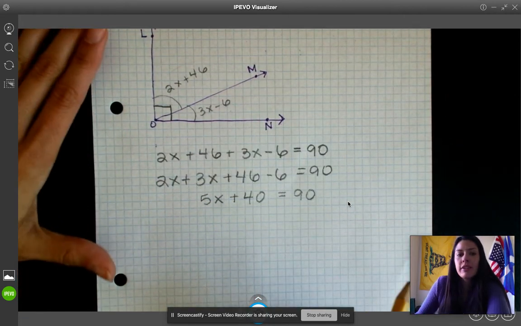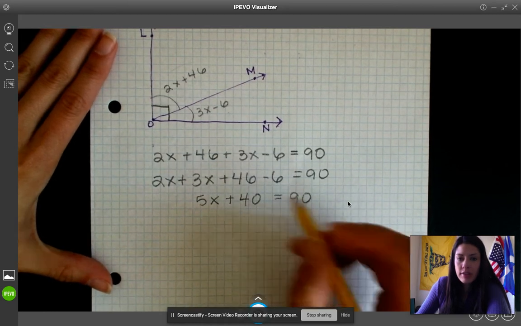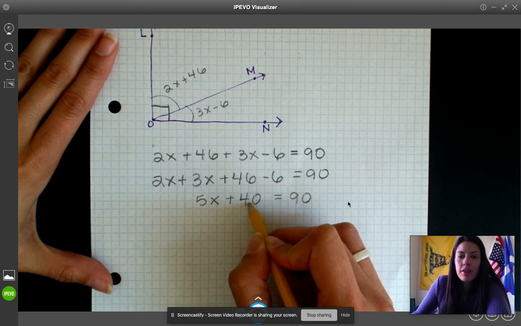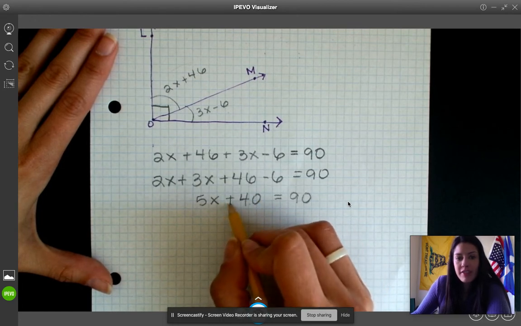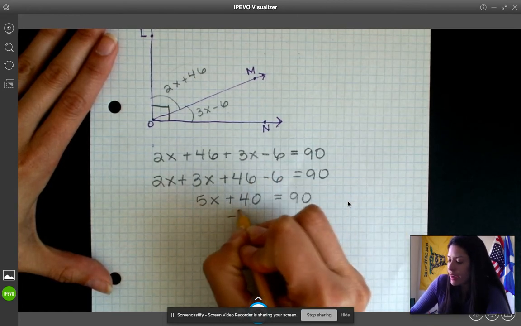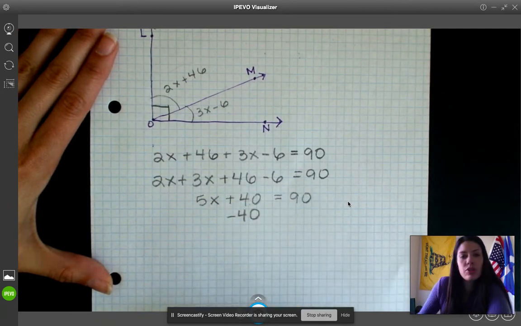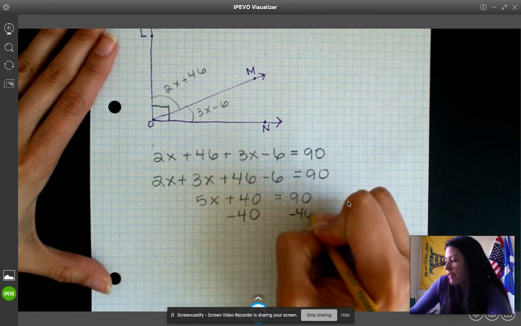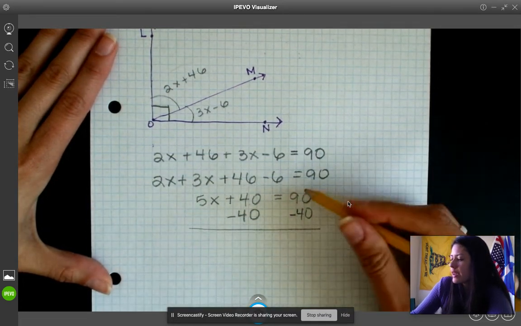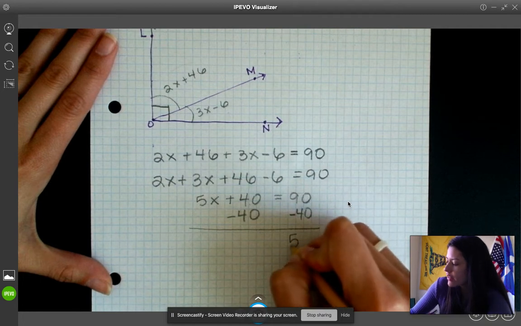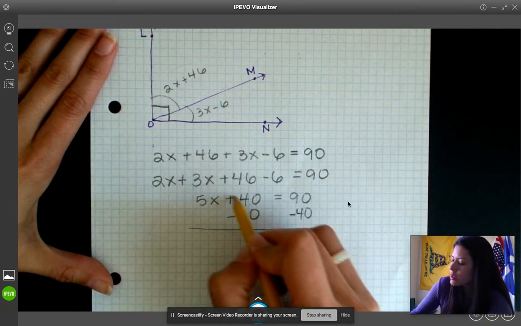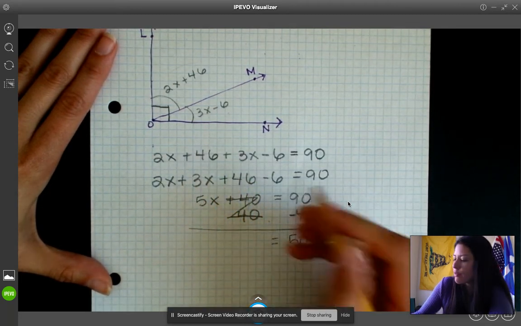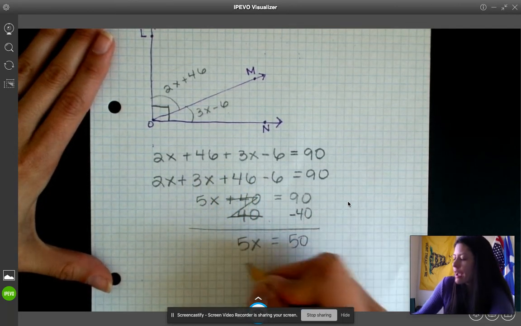Again, reverse order of operations, I'm looking at this plus 40. The inverse operation of addition is subtraction, so I'm going to subtract 40 to undo that plus 40. What I do to one side of my equation, I've got to do to the other side. 90 minus 40 is 50, equals, the 40 minus 40 cancel out, and I'm just left with 5x, 5 times x.